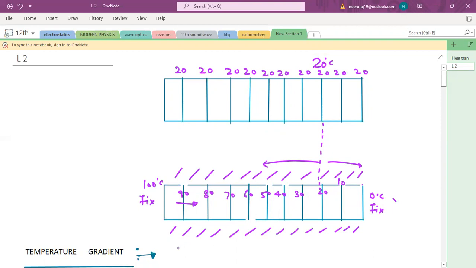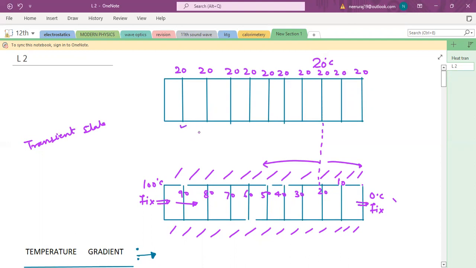This happens when heat starts flowing through this material; we get two states. One state we call the transient state, where the temperature of this layer changes.